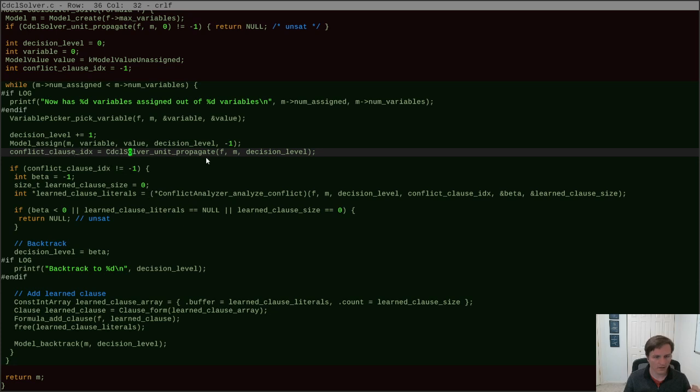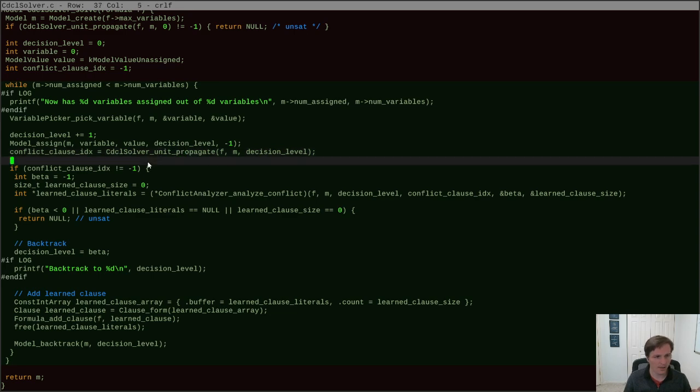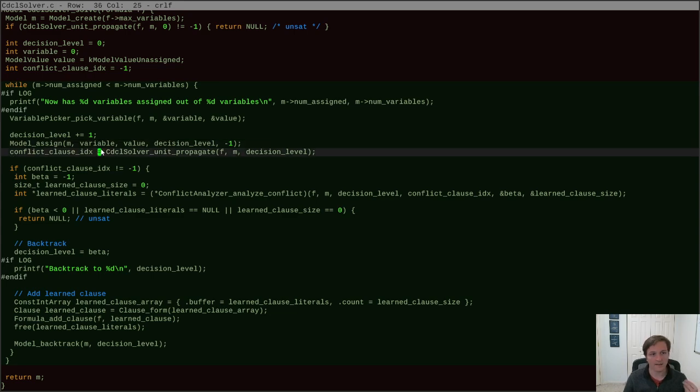The conflict clause index, we then start propagating. So the propagation should then find all the variables that need to be forced into a particular state from that decision and see if any of the forced outcomes lead to just a fully conflict clause that cannot make progress.